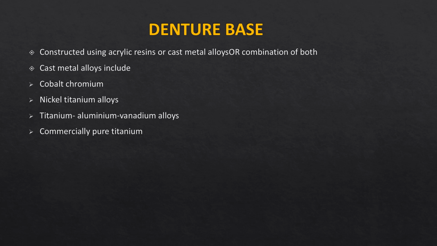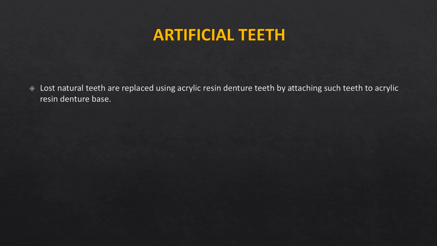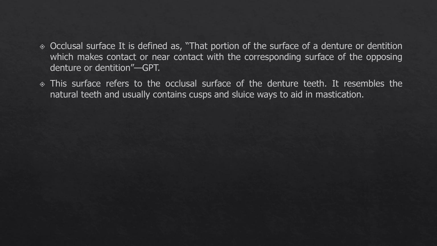Okay, so next, coming to the artificial teeth in our removable partial dentures. The artificial teeth used in removable partial dentures are the same teeth which you use in the rehabilitation of patients using complete removable dentures or complete dentures. The artificial teeth in RPD and complete dentures are also known as the tooth component or the occluding surfaces of the denture.